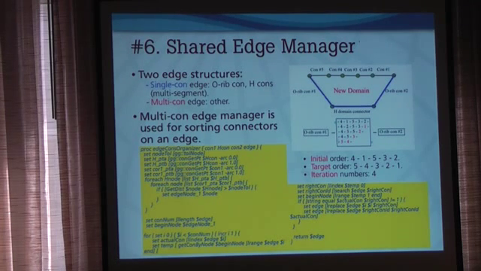The multiple connector edge manager is implemented to handle a scenario like this. For instance, the initial order is 4, 1, 5, 3, 2. It's all messed up. To put all the connectors in place, I need to run this little procedure to switch the locations. Probably I need to show a little bit.